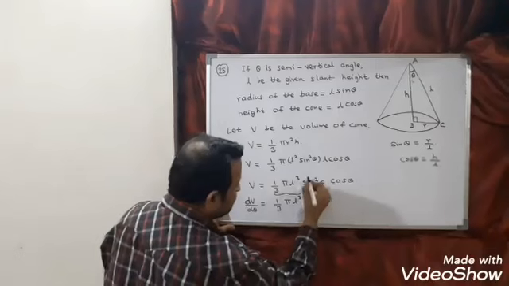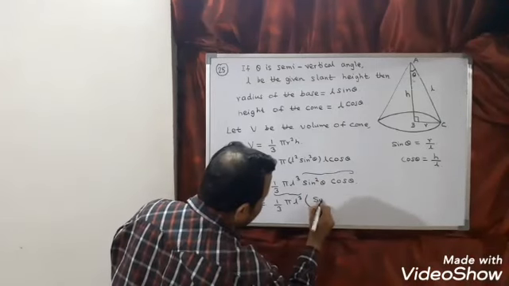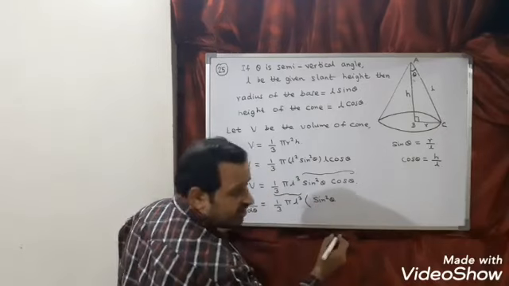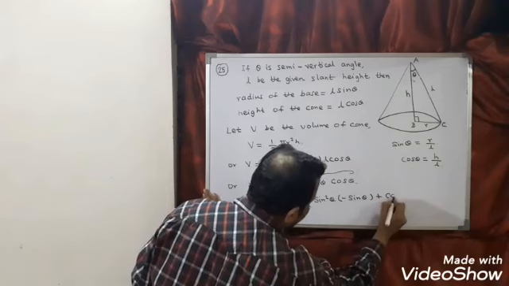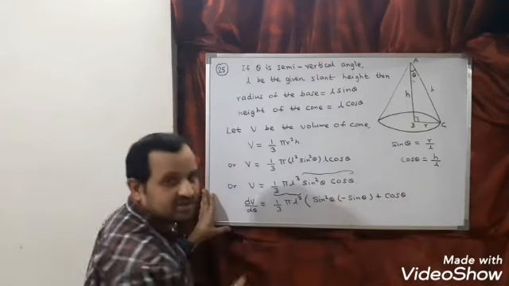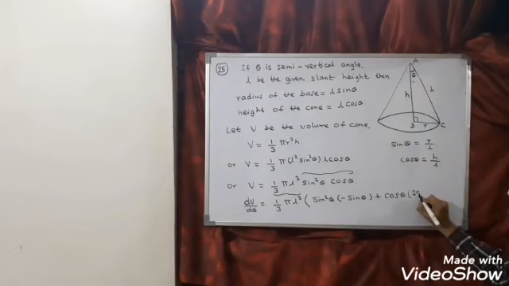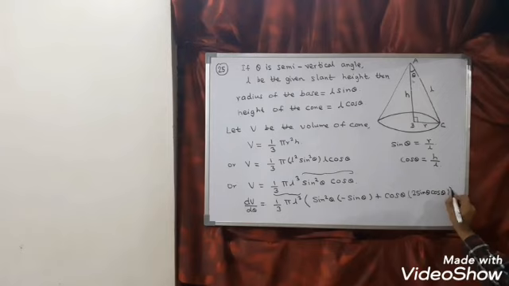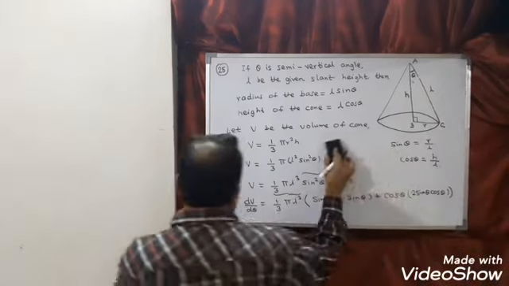Now differentiate this. How to differentiate this? Product rule. Sine square theta into differentiation of cos theta, which is minus sine theta, plus the second function into differentiation of sine square theta, and differentiation of sine square theta is 2 sine theta into cos theta. Let us simplify this.